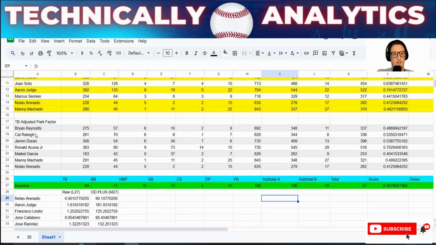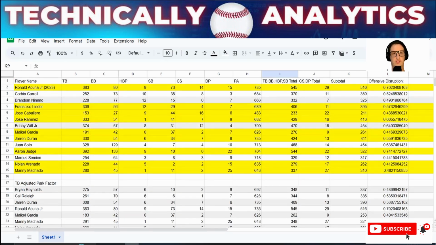So I was curious, all right, I'm going to add some new players. So I went with Brian Reynolds, 275 total bases. I don't remember what his original one is because I don't have it here. And the Pirates, let's see, where are the Pirates?